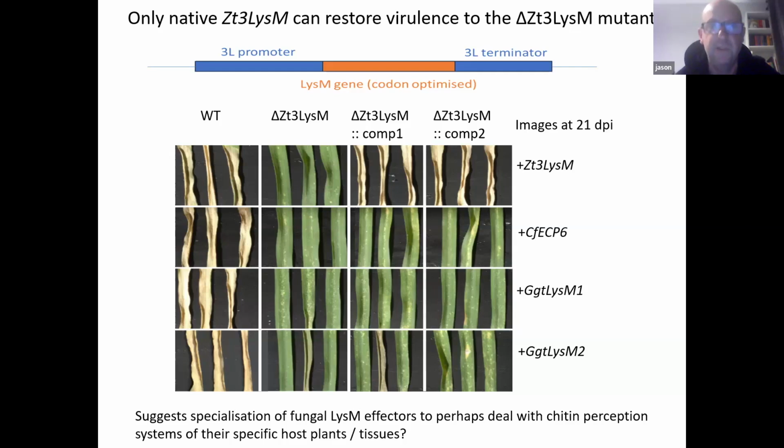So we have a little bit more work to do on this, but it starts to suggest that there might be specialization in lysem effectors in plant pathogen interactions, perhaps to deal with the different types of chitin structures that are made during those interactions, or the way chitin is bound during those interactions. So it's not so easy as just moving them between the two. They've clearly evolved specialization.